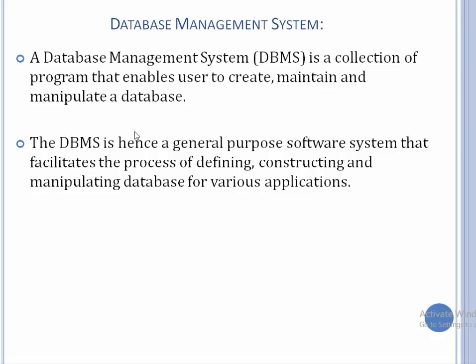This database catalog is also called a data dictionary, and this data dictionary is called metadata. Data about data is called metadata. So, this data dictionary or database catalog is also called the database metadata.